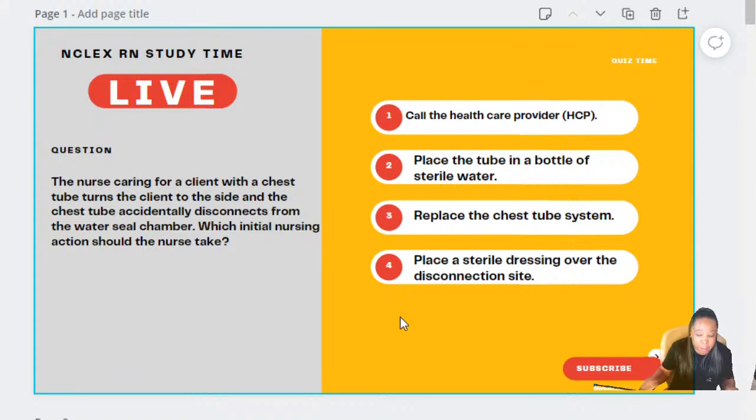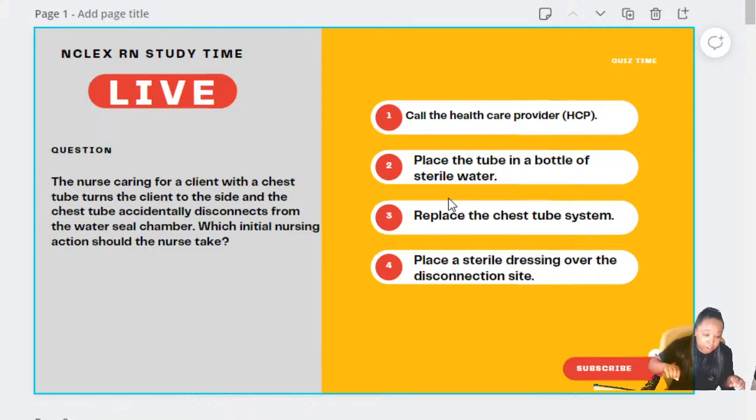If the patient is not connected to the chest tube, you see what's going to happen, right? Air can go through the tube and cause bigger damage to the patient. So we will be choosing number 2. You know why?